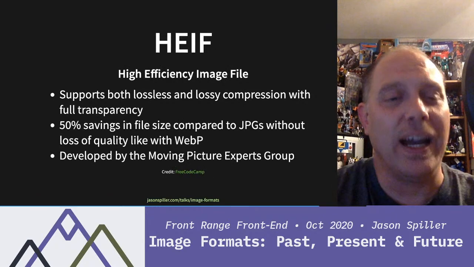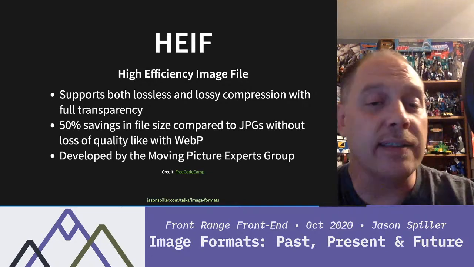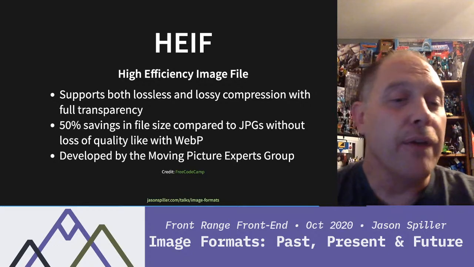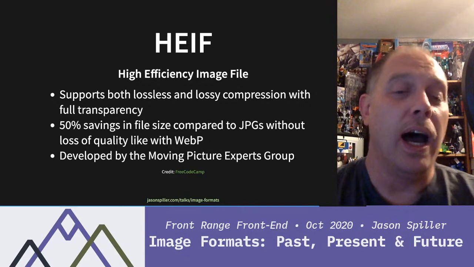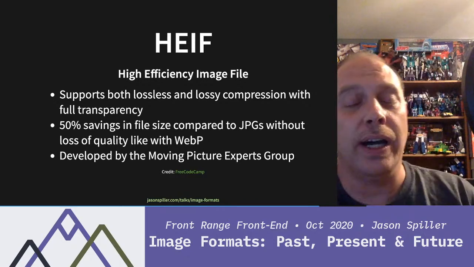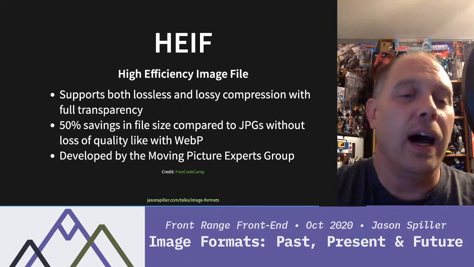HEIF, high efficiency image file, supports both lossless and lossy compression with full transparency. 50% savings in file size compared to JPEG. So WebPs were touting 25%. This is giving you 50%.